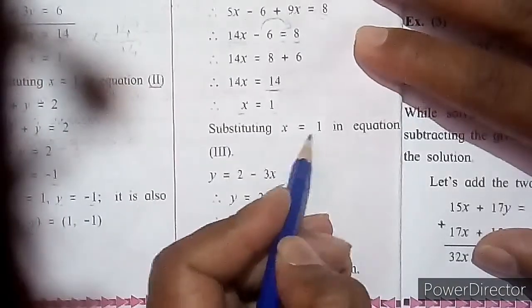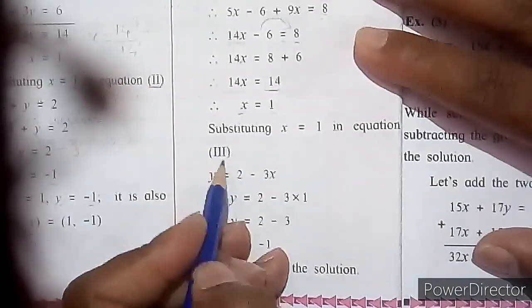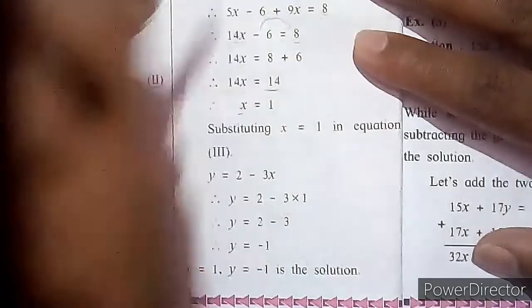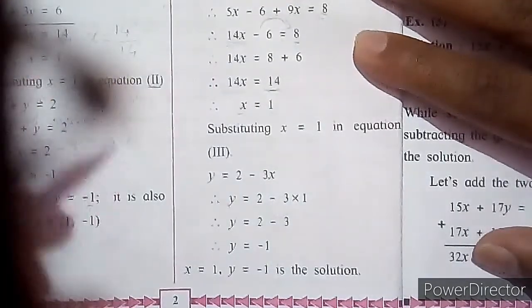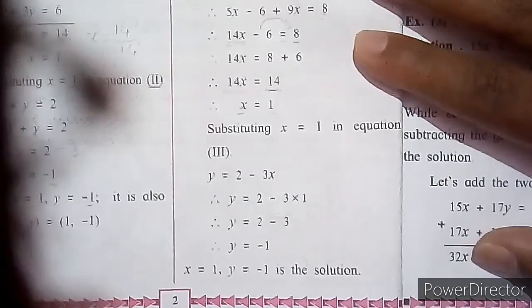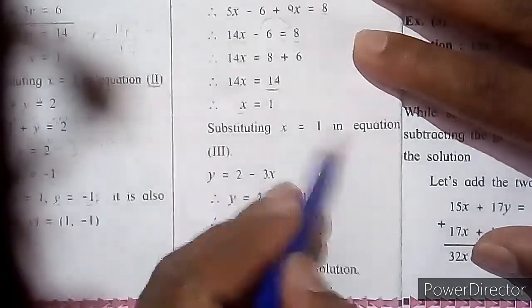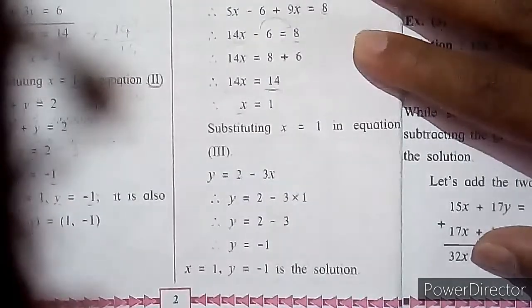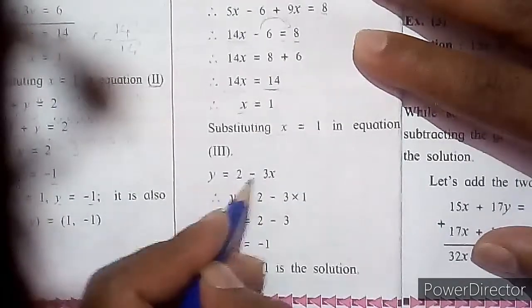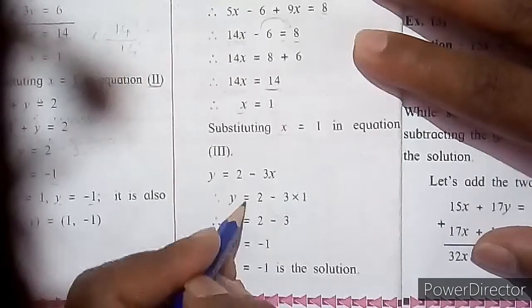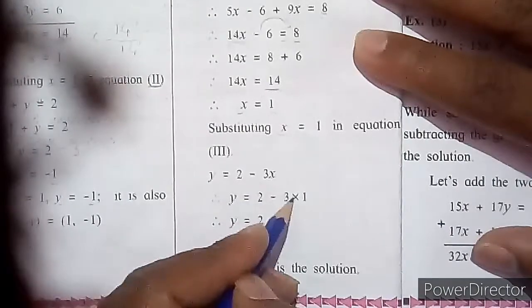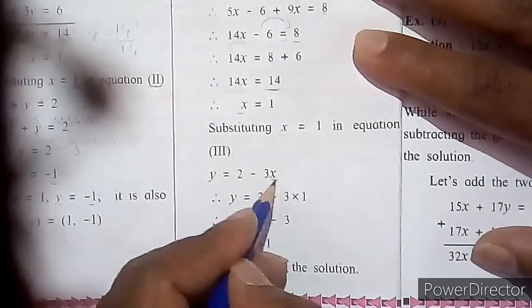Substituting x equals to 1 in equation 3, or we can put it in equation 1 or equation 2 also, wherever you feel convenient, put the value of x in that equation. Now y equals to 2 minus 3x, y equals to 2 minus 3 into 1, since the value of x is 1.